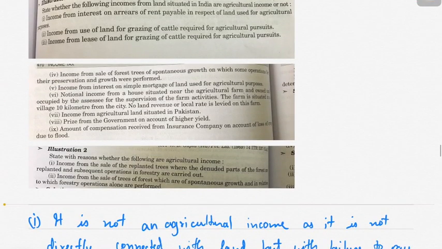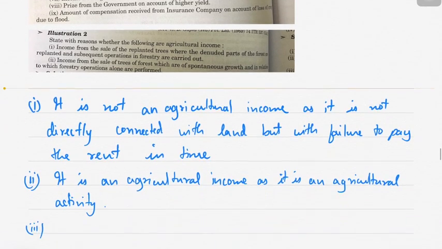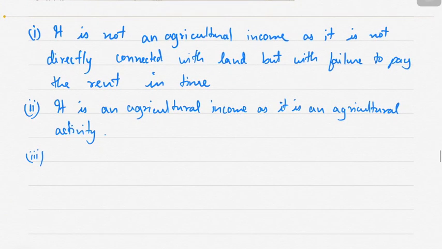Third one, income from lease of land for grazing of cattle required for agricultural pursuit. It is an agricultural income. It is immaterial whether the assessee uses the land for grazing of cattle or gives it on lease for the purpose. So, it is an agricultural income.